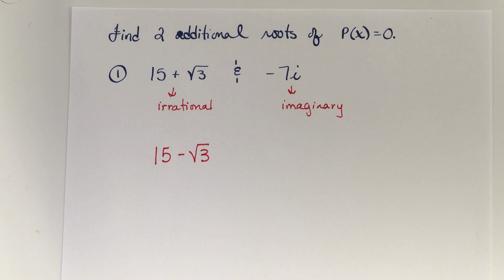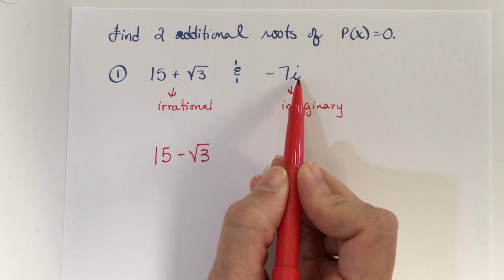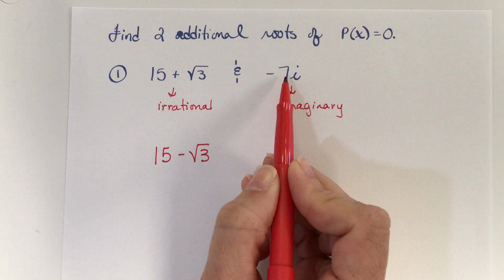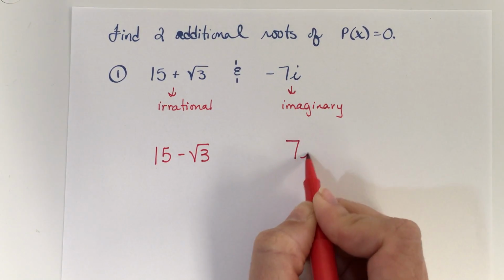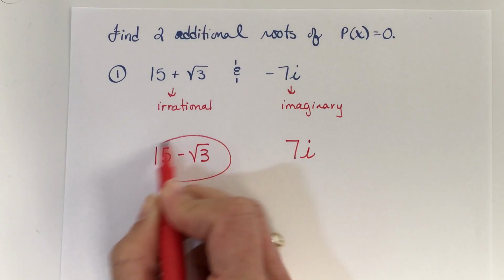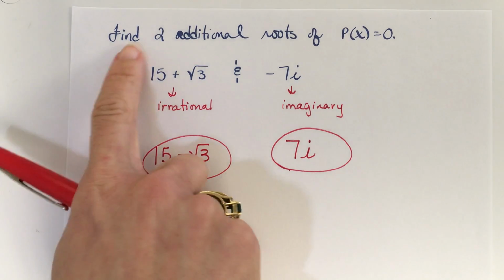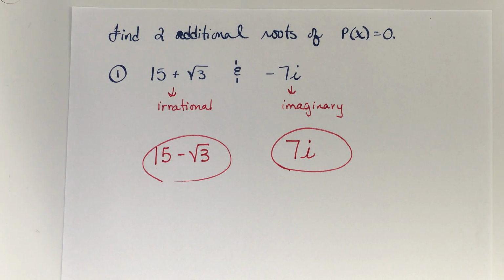So just do that conjugate where you change the sign that's in the middle. If I know that -7i is a root, because it's imaginary, its conjugate has to be a root, so the conjugate of -7i would be +7i. So these would be the 2 additional roots. It's not asking you to do anything more than just find 2 additional, and that's what we've done, knowing that they have to be in those pairs.